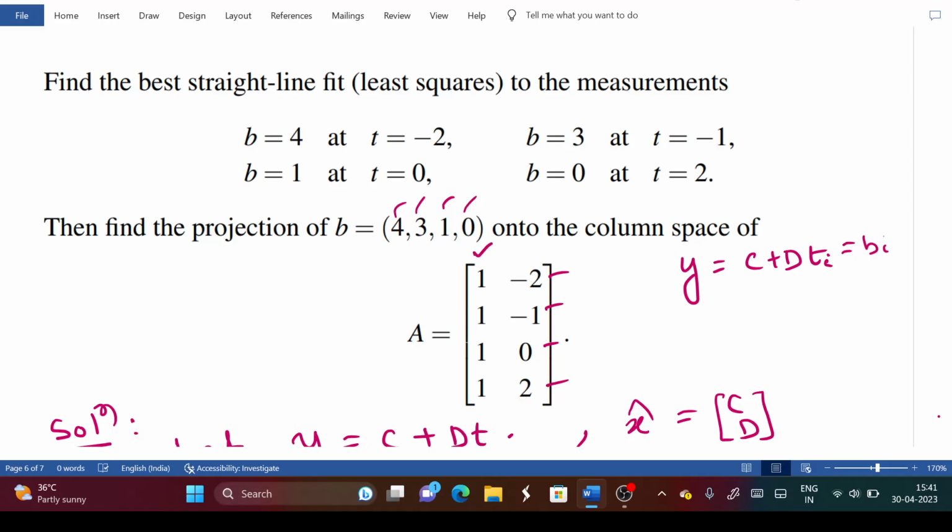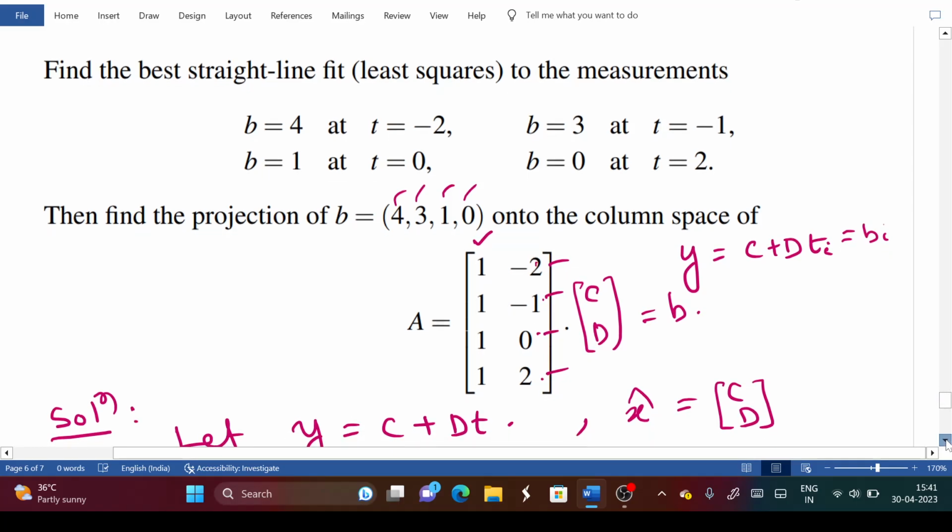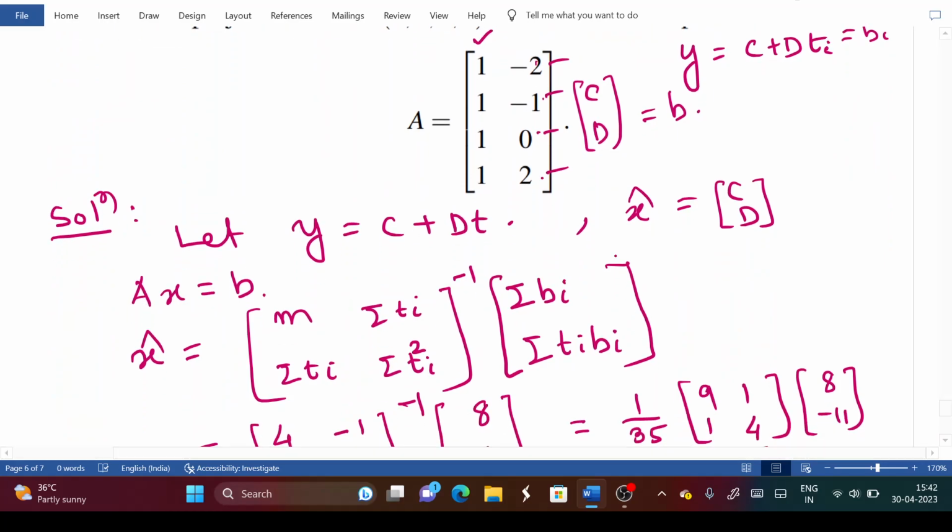It can be written as 4 equations: c plus d t1 is equal to b1, c plus d t2 is equal to b2, c plus d t3 is equal to b3, c plus d t4 is equal to b4. So this matrix is my A, and A times (c, d) is equal to my B. Here we are interested in finding c and d.